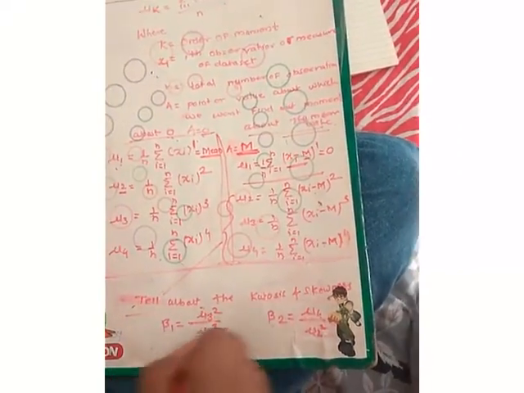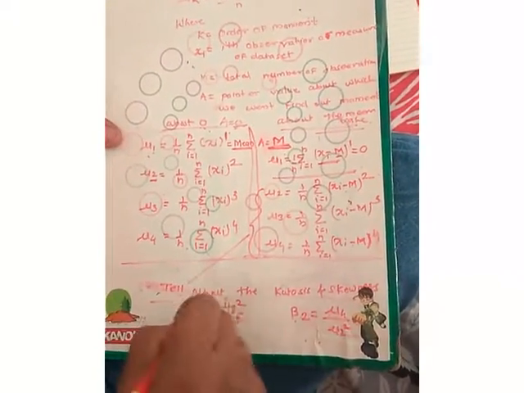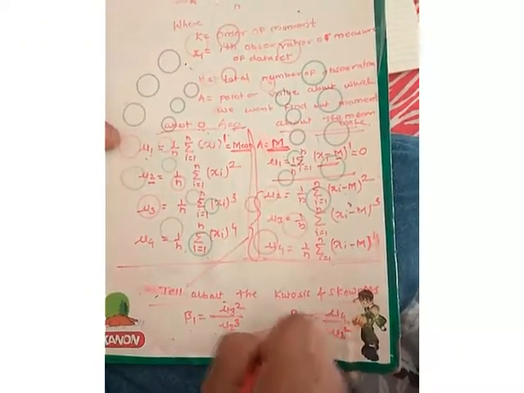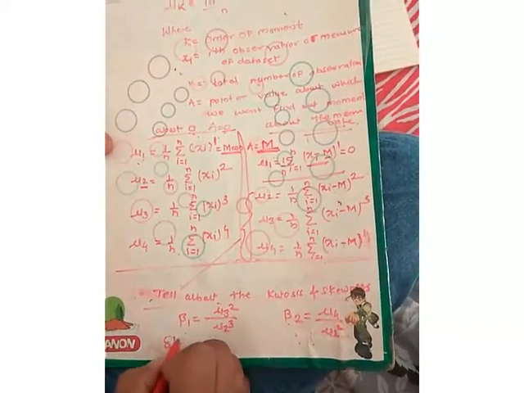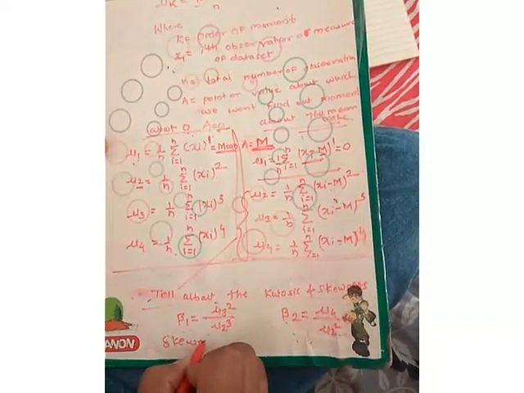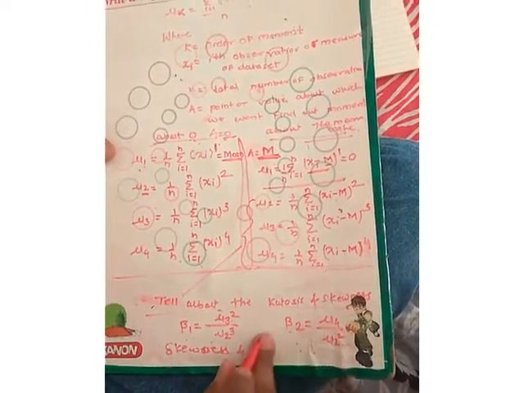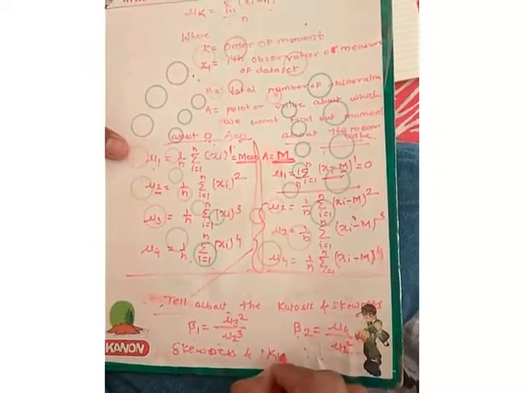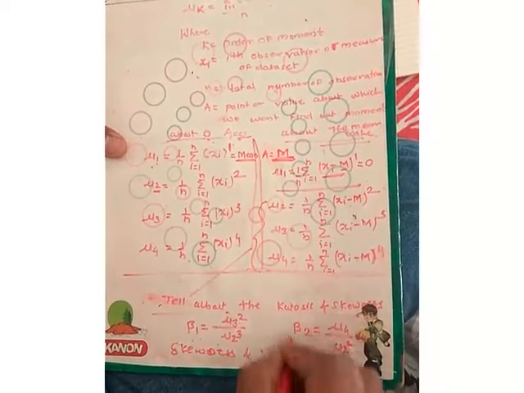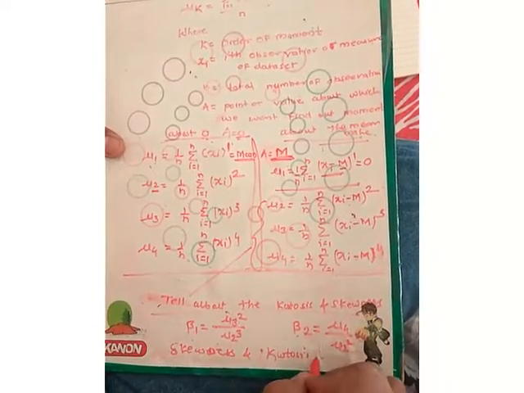So this is all about the ratios and how they are going to be useful to find out the skewness and kurtosis.